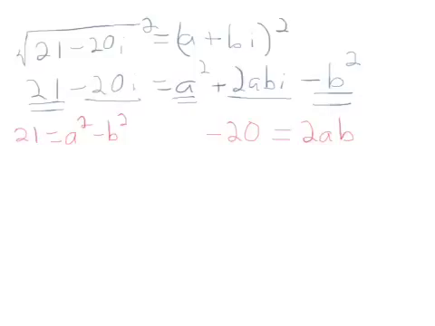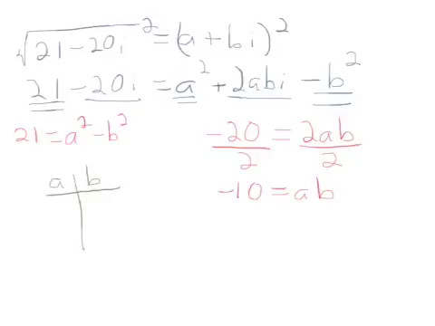So let me simplify the right side a little bit by dividing both sides by 2. So I'm going to get negative 10 is equal to a times b. So remember, my goal is to find ultimately what a and b are.